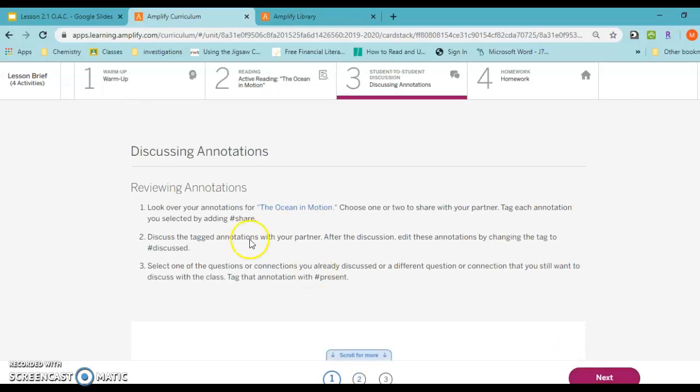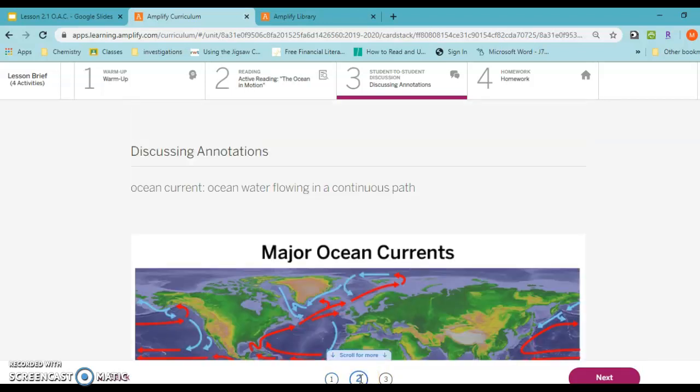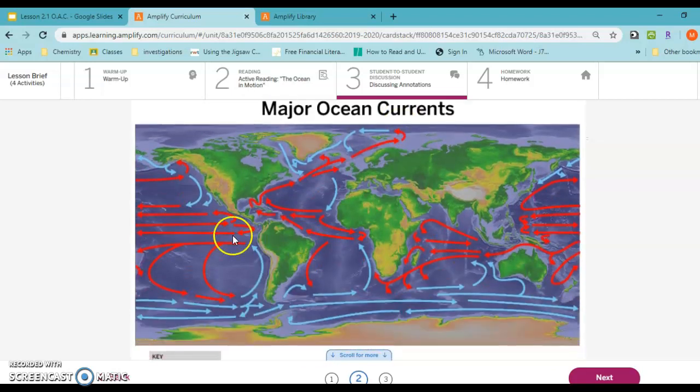We're now going to not do anything with the discussion because we unfortunately can't see each other, so we can't discuss. But one thing I do want to talk about is this new word, and it's ocean current. So ocean current is the ocean water flowing in a continuous path. Right? So if we look, we can see the water is flowing here.